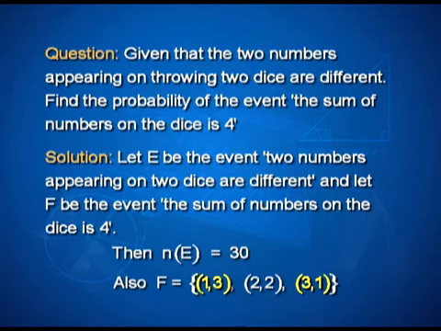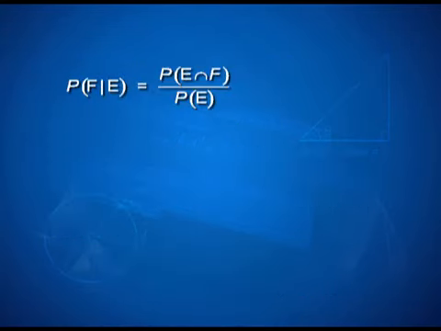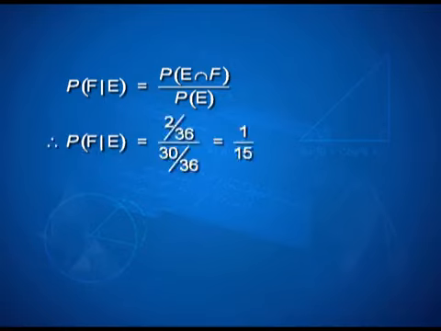And therefore, the probability of F given that E has occurred can be written as probability of E and F divided by probability of E, which is same as, there are two elements which are common. So, 2 by 36 divided by 30 by 36, and therefore, 1 by 15.